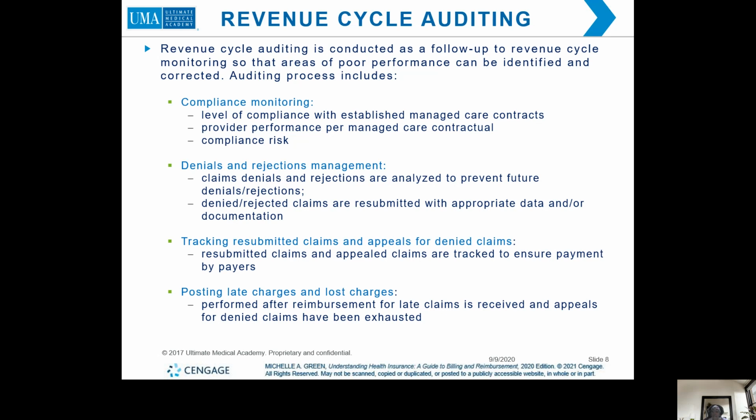Why are they being denied? Denied claims and rejected claims are two different things. And then we want to resubmit them. We want to research them. Like I said before, we look at these claims that have been sitting there for 60 days, coming back and say, what's wrong with them? Let's look at them and see if we can get them resubmitted. And then once we resubmit a claim, we've got to track it. Have we received reimbursement yet?